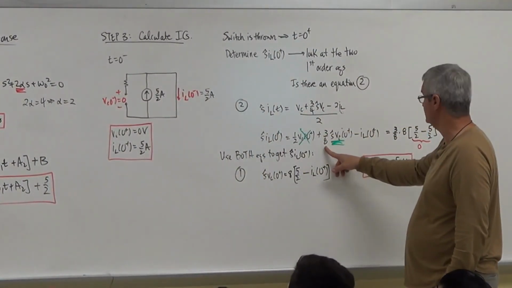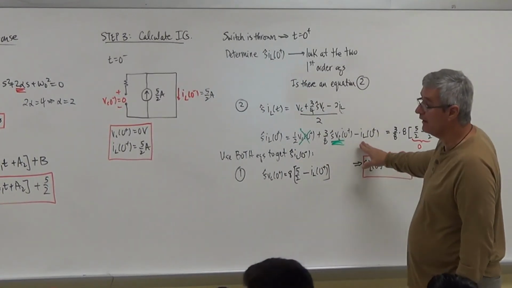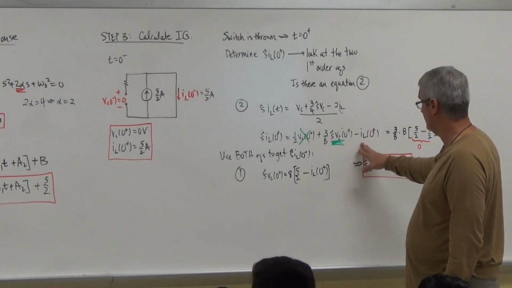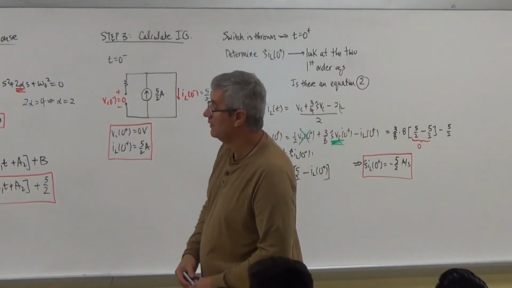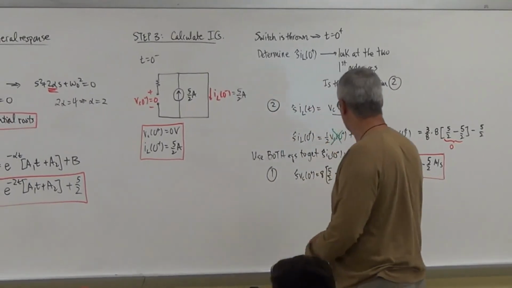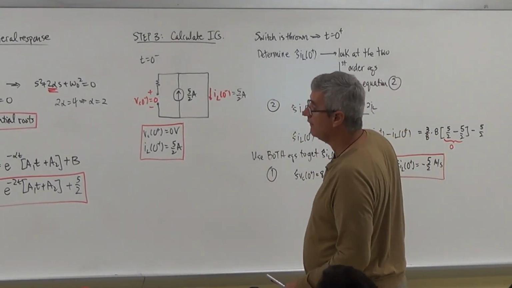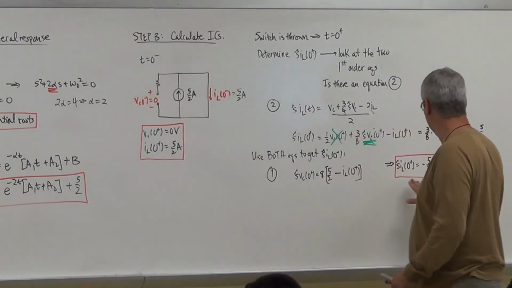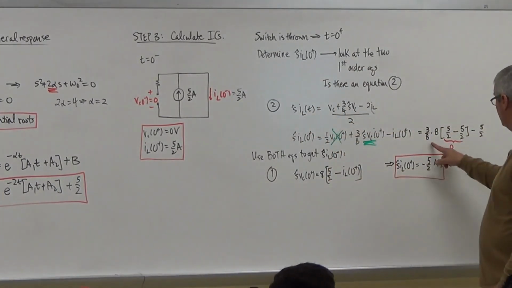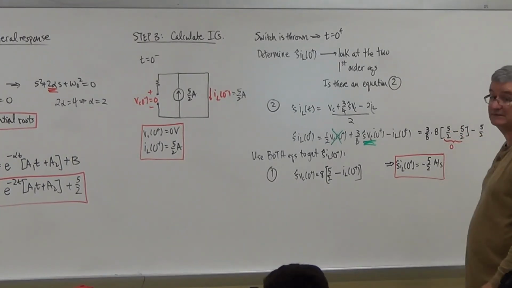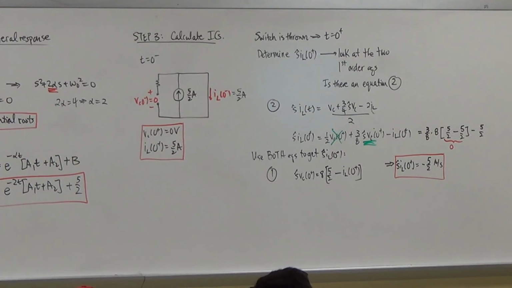That's 3/8 minus iL 2. 5/2 minus iL. Looks good to me. I plug that in, that's 3/8. I don't see any mistakes.